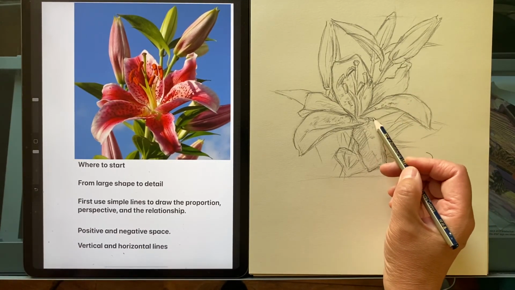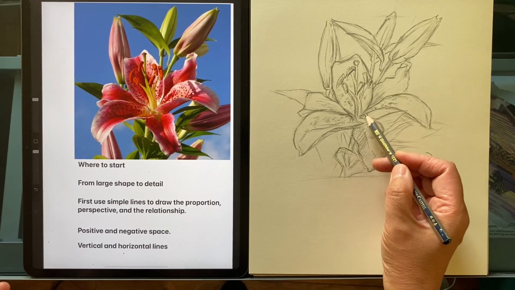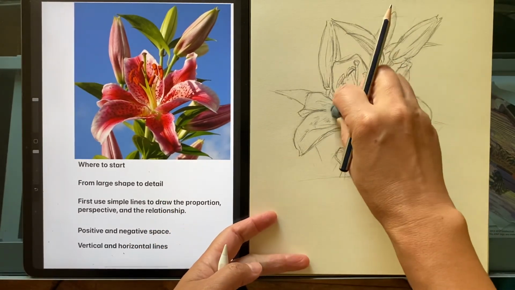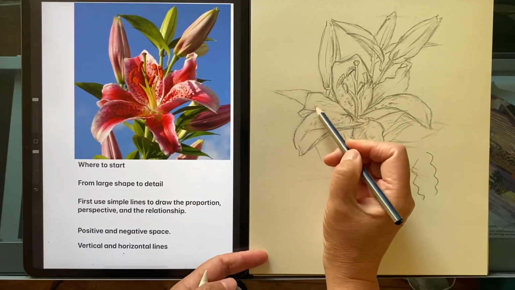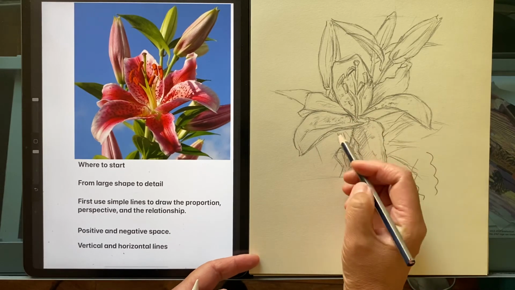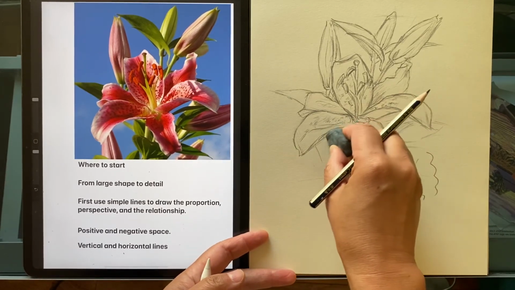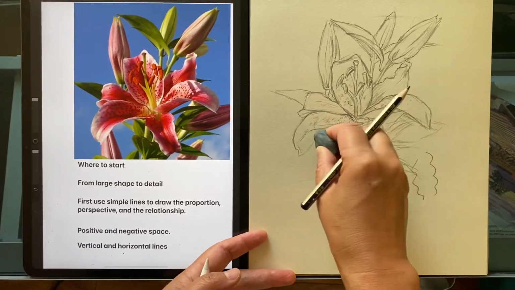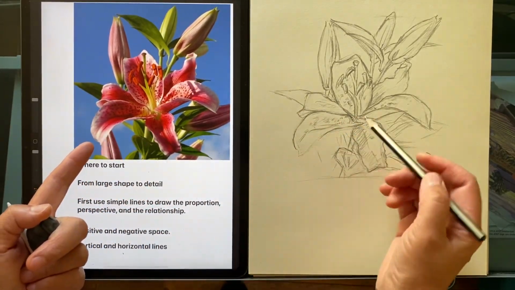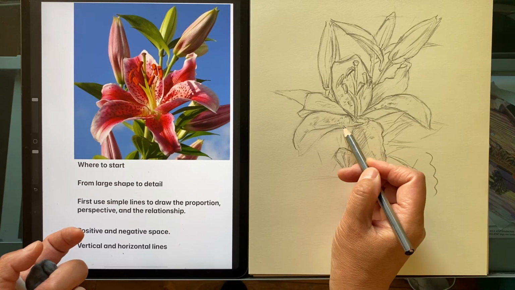Okay. See all those lines, you can define them more. I think this can be a little even longer.